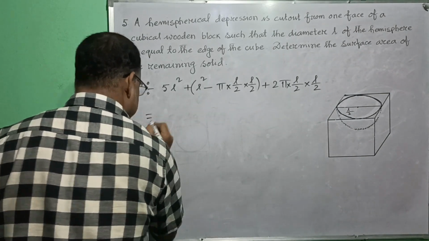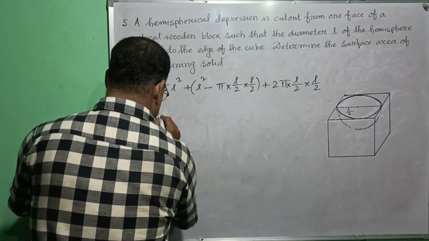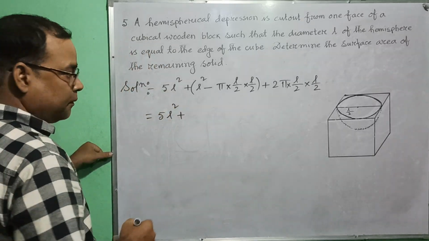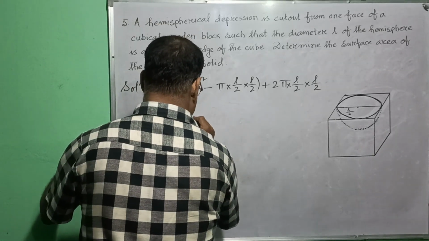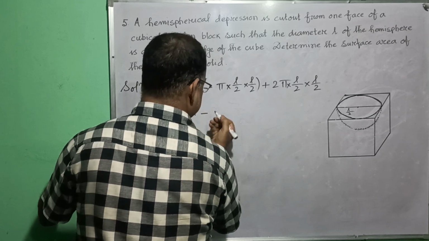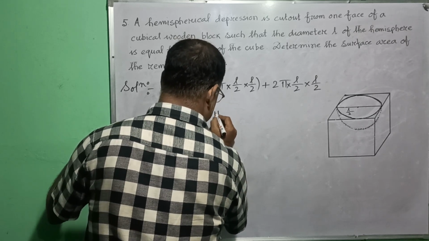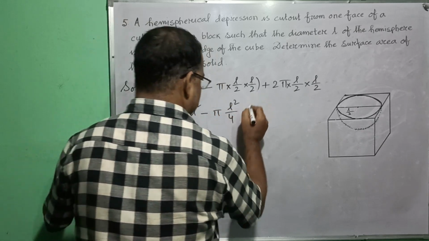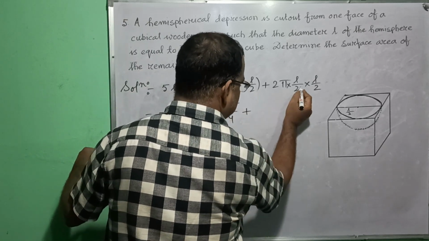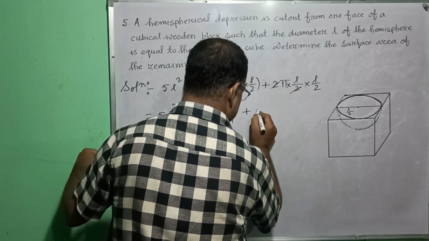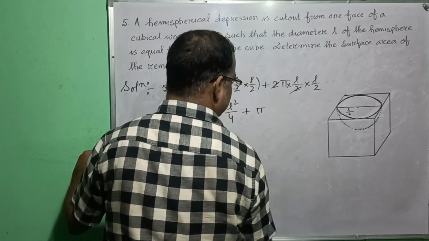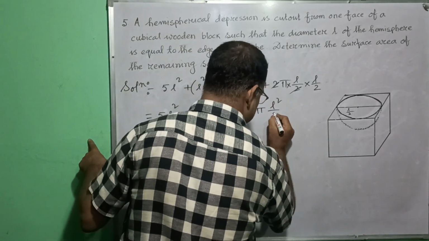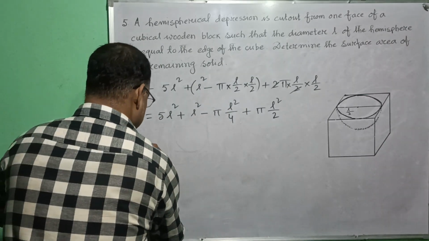Now to simplify, we'll simplify it. So 5 L square as it is, plus here we can write L square minus pi L square by 4, then plus, here the 2 cancels, so here pi L square, so it is pi L square by 2, equal.